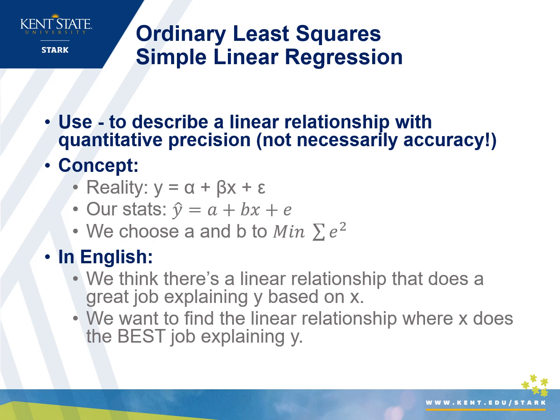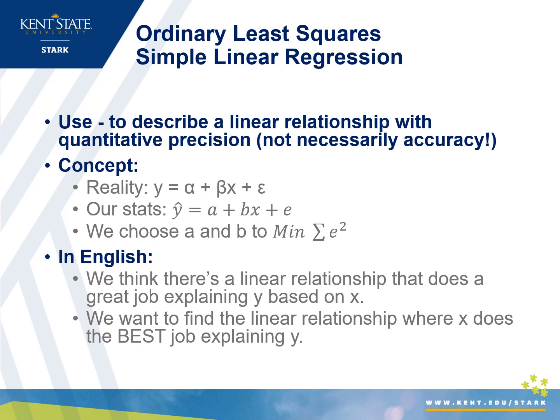So here's the basic idea. We assume the underlying reality is that there's a linear relationship between x and y. Put another way, y is equal to some intercept, we'll call it alpha, plus some slope beta times x, but with some other factors, we'll call those epsilon, added into the mix. Now our statistics will give us an estimate of this equation.